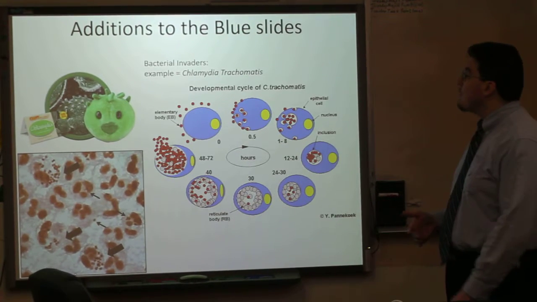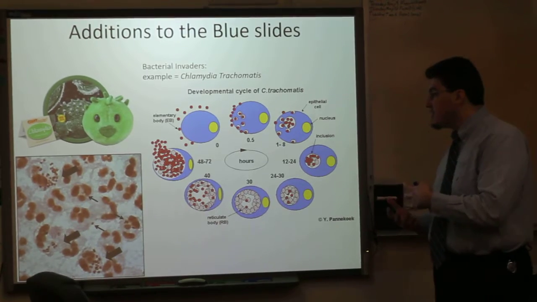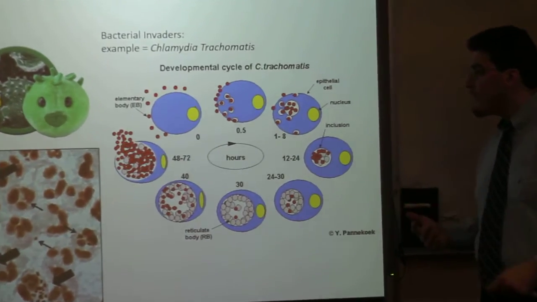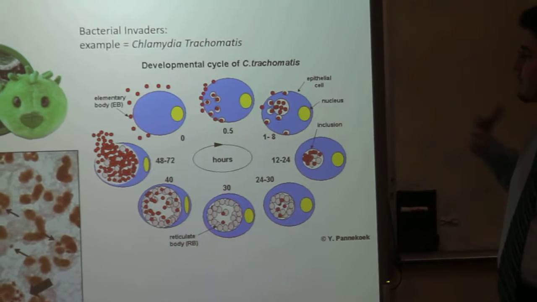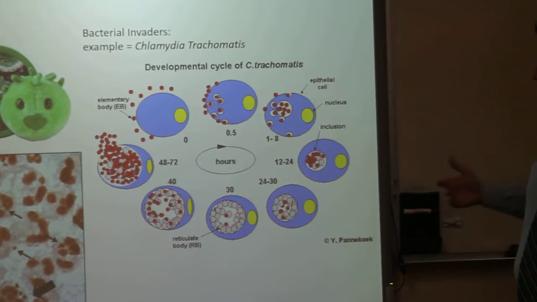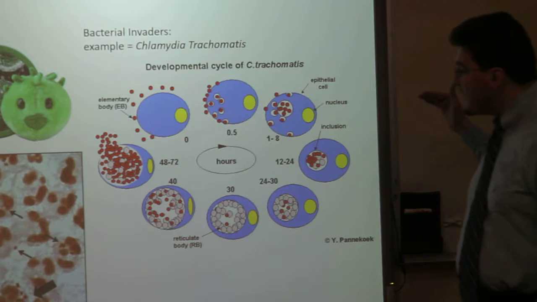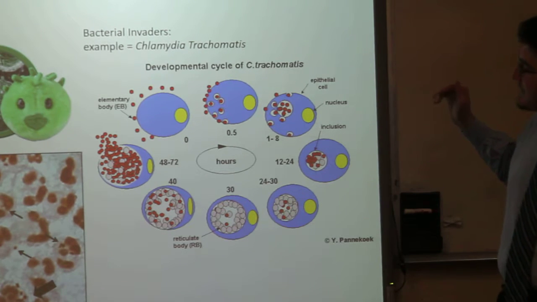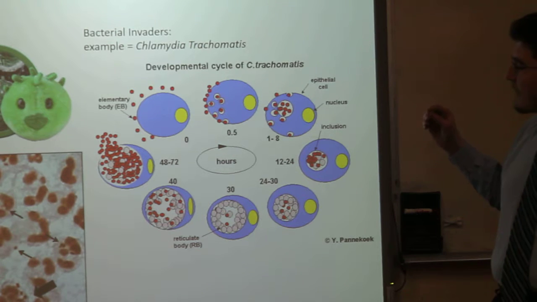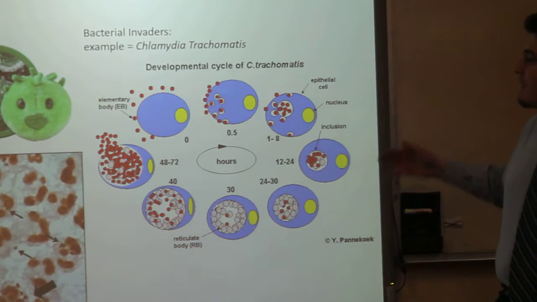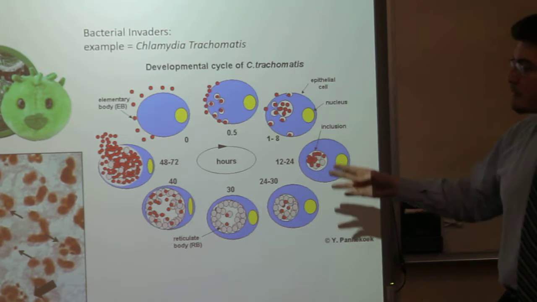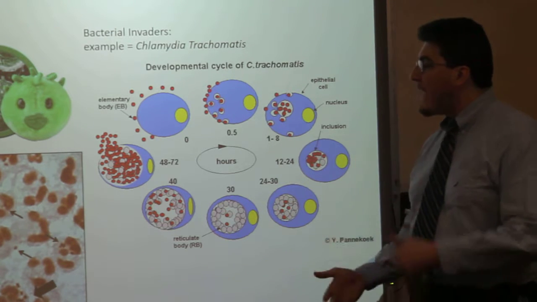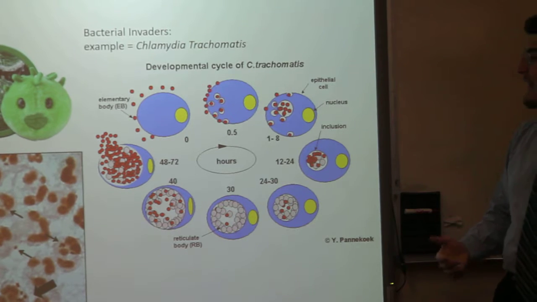Within 1 to 8 hours, they'll start to form inclusions, and 12 to 24 hours later, that inclusion will start to show reticulate bodies. Over the next 24 hours or so, that inclusion will increase in size and the number of reticulate bodies will increase, and then you'll start to have those elementary bodies reform again.